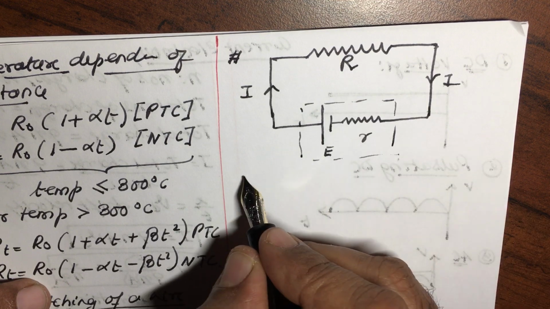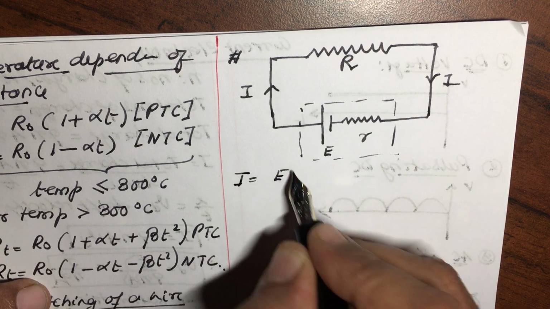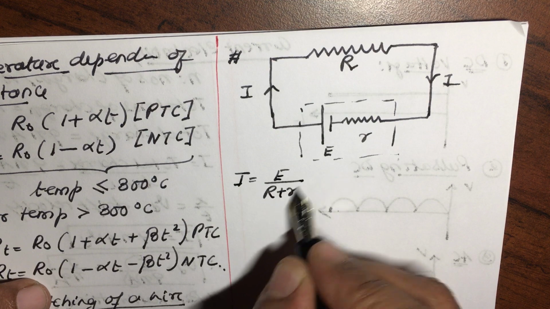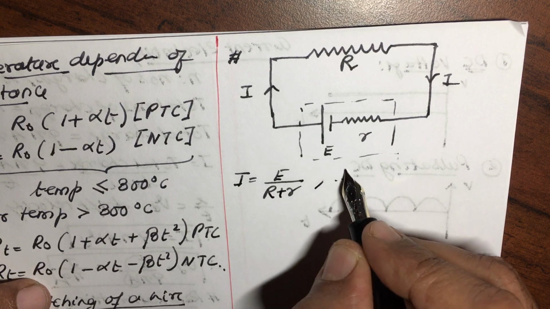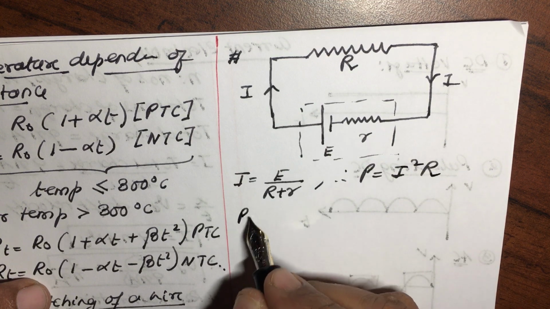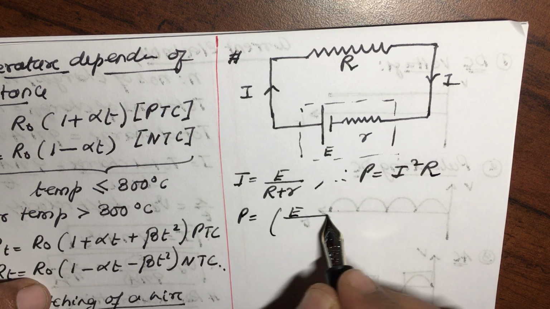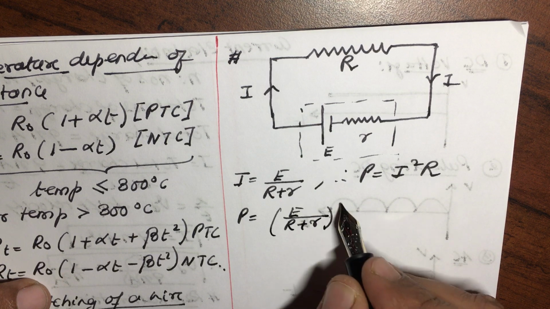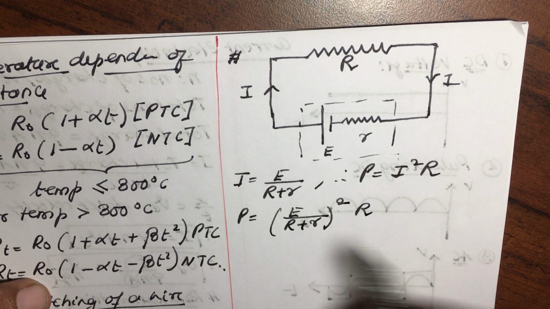I think you can write I as E upon R plus r. Now we can write power as I squared capital R. So we have power as E by R plus r the squared capital R.